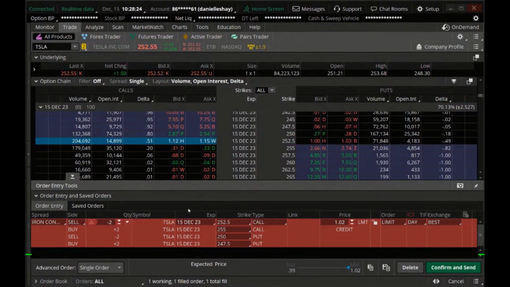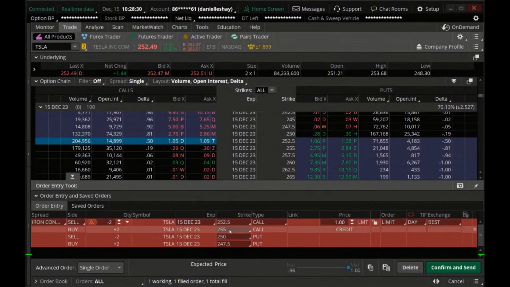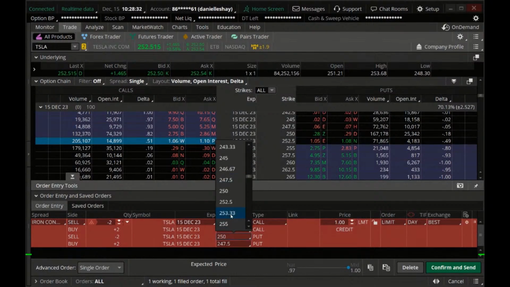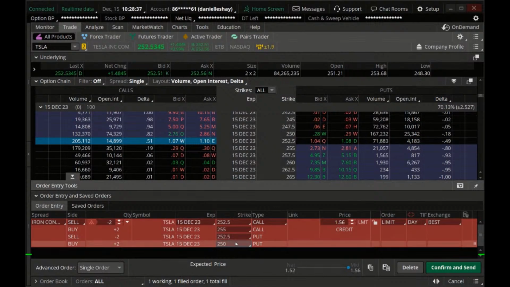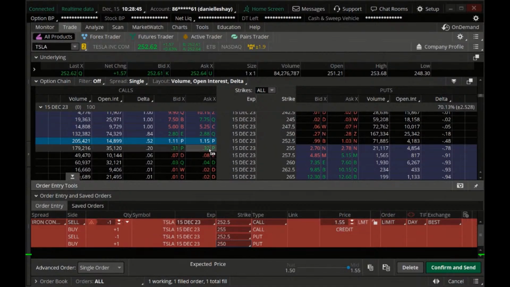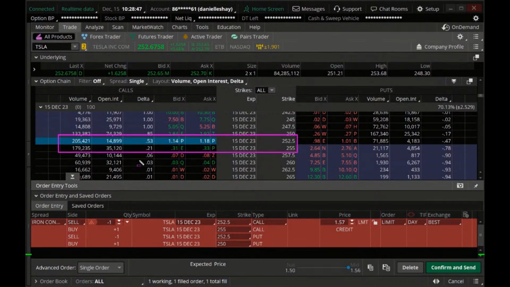So let me actually change these strikes. The call strike, 250, 255, and then I would do the same strikes on the put side, 255, 250. So I would set it up like this: 250, 250, 255. You're basically selling a call credit spread right at the money, and you are also selling a put credit spread right at the money.